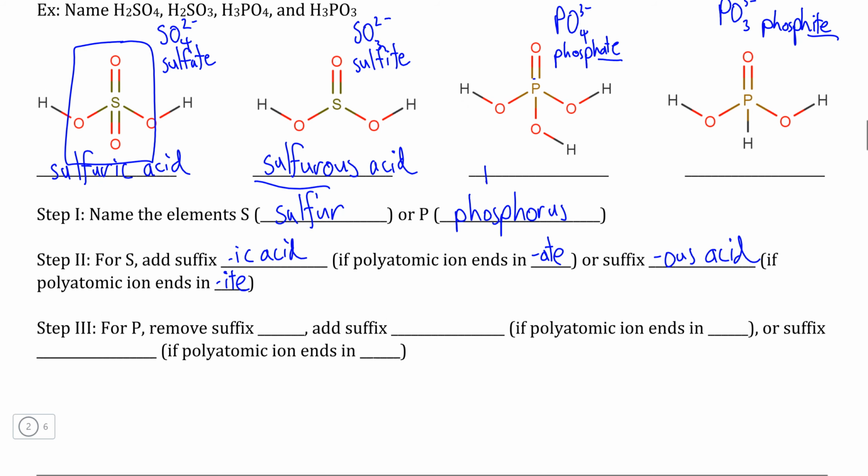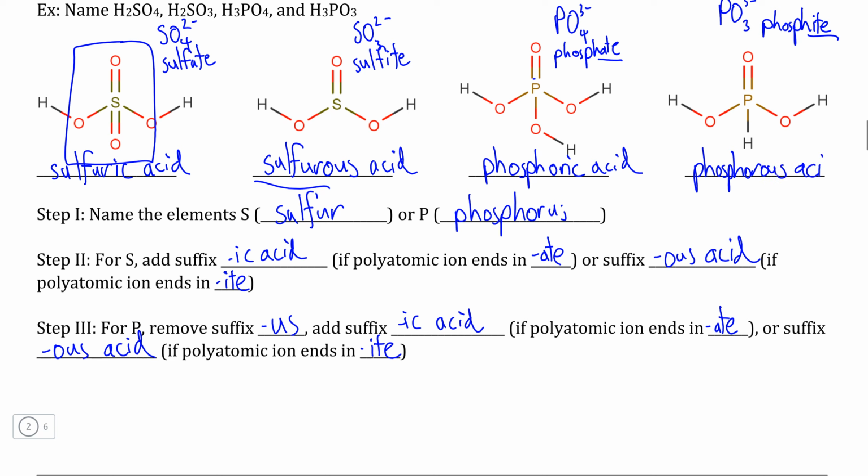But in this case, we start, just like with sulfur, with the element name and not the polyatomic ion as our root. So we start with phosphorus, and in this case, we're going to remove the suffix US so that we have phosphor as our root for both of these acids here. And if the polyatomic ion ends in ATE, as it does with phosphate, we replace it with the suffix ic acid, so this acid name would be pronounced phosphoric acid, whereas if the polyatomic ion ends in ITE, we replace with OUS acid, and therefore this acid would be pronounced phosphorous acid.